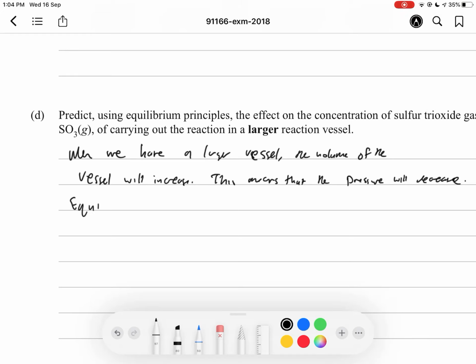So you can say equilibrium will shift in the direction to produce more gas particles.